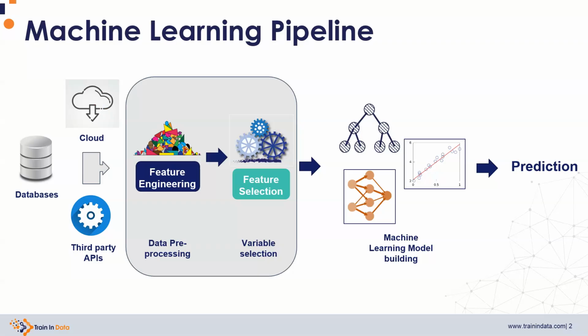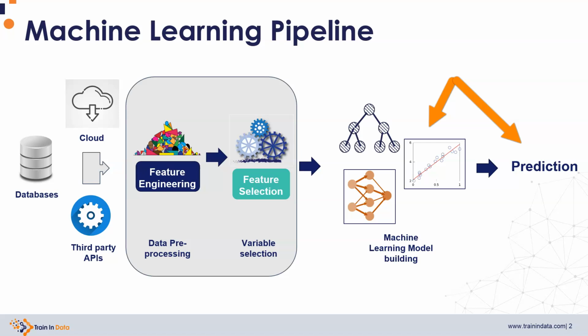We mentioned that a typical machine learning pipeline involves steps of gathering the data from different data sources, then transforming that data in various forms to tackle the quality of the data or to create new features. Then we can select the features that we want to use in the machine learning models.